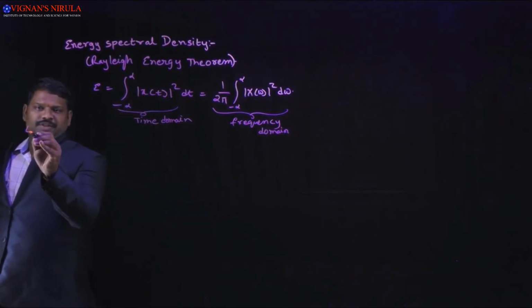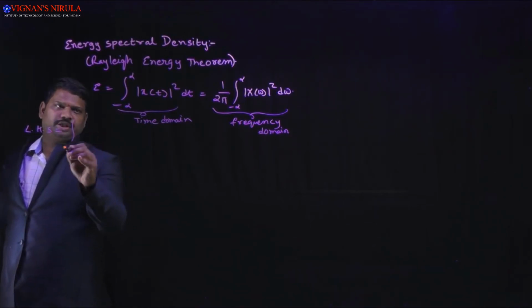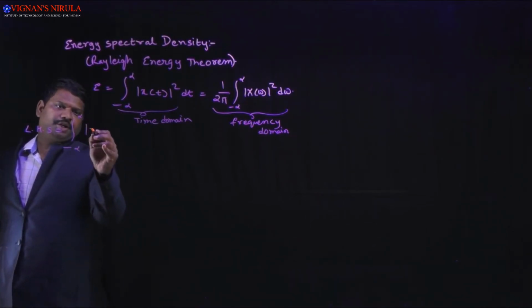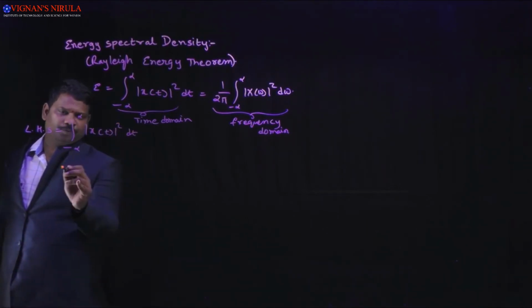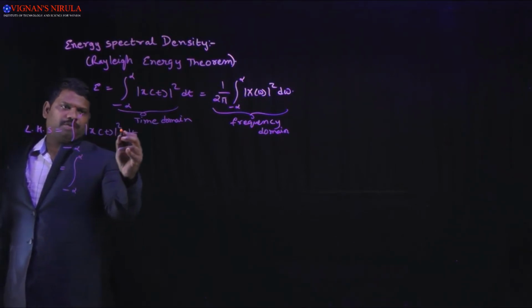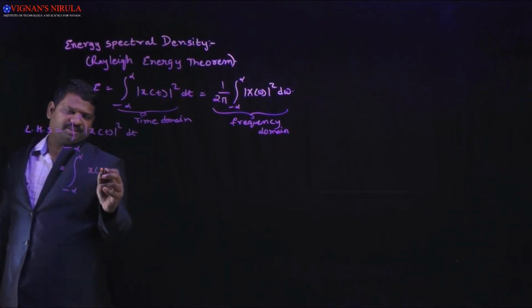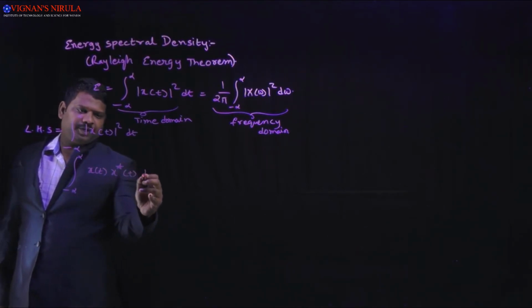Therefore, when we start with the left hand side, that's the integral from minus infinity to infinity of mod of x of t whole square dt. This mod of x of t whole square can be written as x of t into x star of t dt.